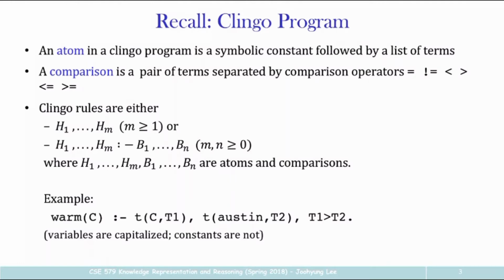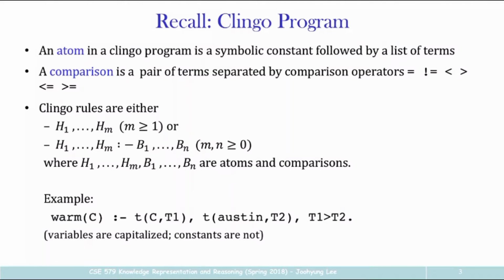Okay, good. All right. Another convention is about variables and constants. In first order logic, we declare what are the variables and what are the constants. Constants belong to the signature. Now, in the language of Clingo, you don't have to define the signature explicitly, and that actually gives a lot of convenience.